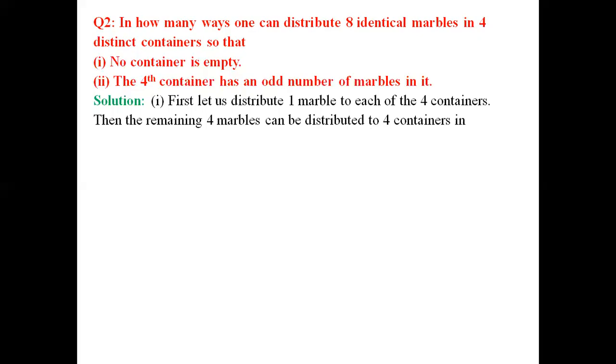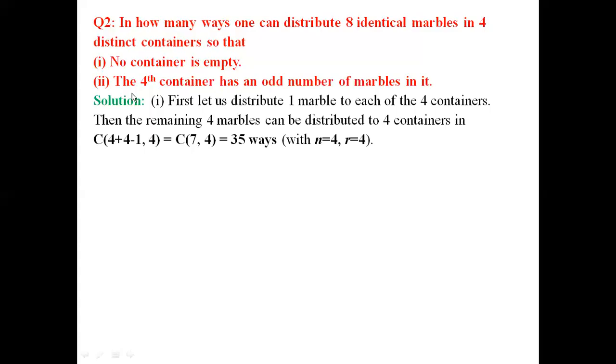We are putting those marbles into the 4 containers, so n is also equal to 4. And this can be done in C of 4 plus 4 minus 1 comma 4 ways. That gives us 7C4, which is equal to 35 ways.